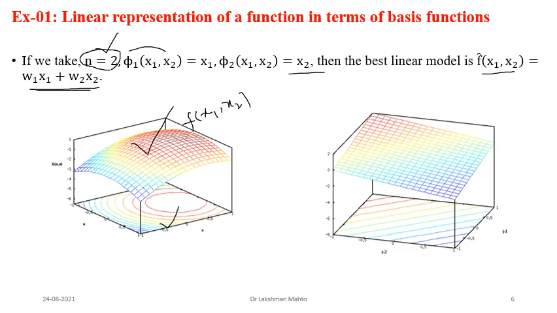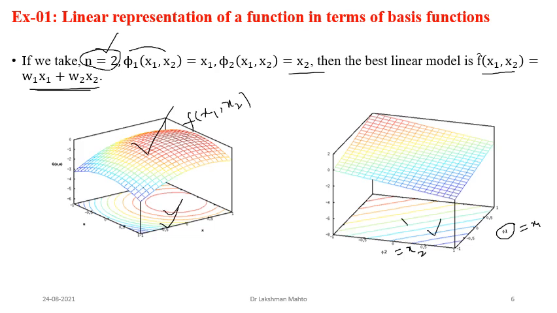Here this one is the actual function, that one is given. Now what we do is take the basis functions phi1 equal to x1 and phi2 equal to x2. So these two are the basis functions, and this is the input space, and this is the feature space.